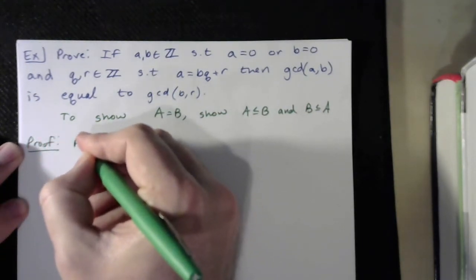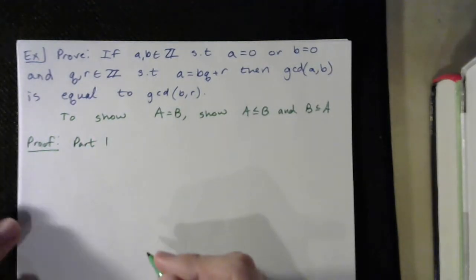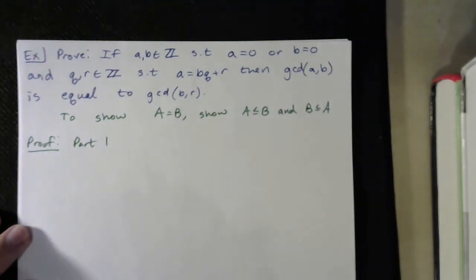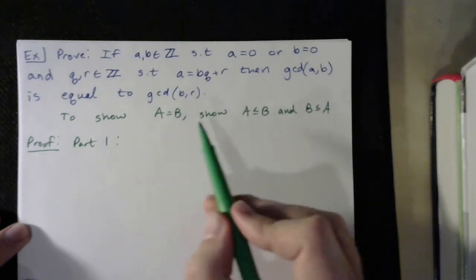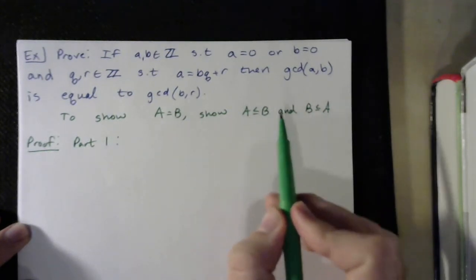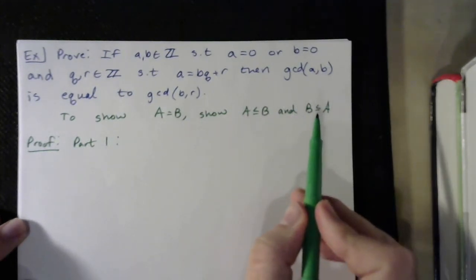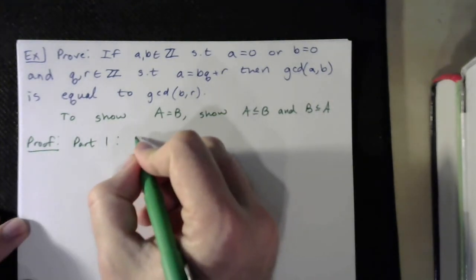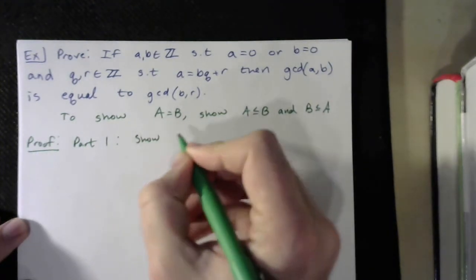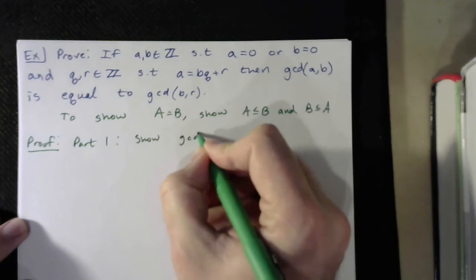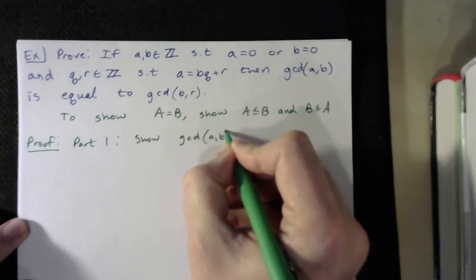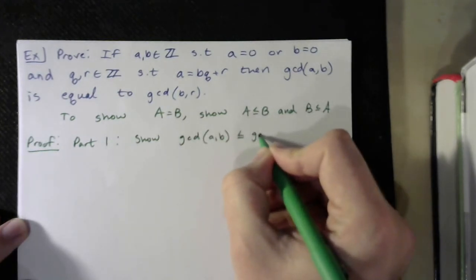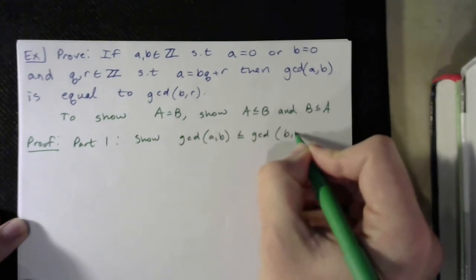So we're going to split this into two parts, showing each of these individually. This is part 1, but it's not really a case, which is why we're not calling it case 1, because we're not showing two things that are consequences of the same statement. We're showing that two individual things are true. So we're going to show that the GCD of a and b is less than or equal to the GCD of b and r.